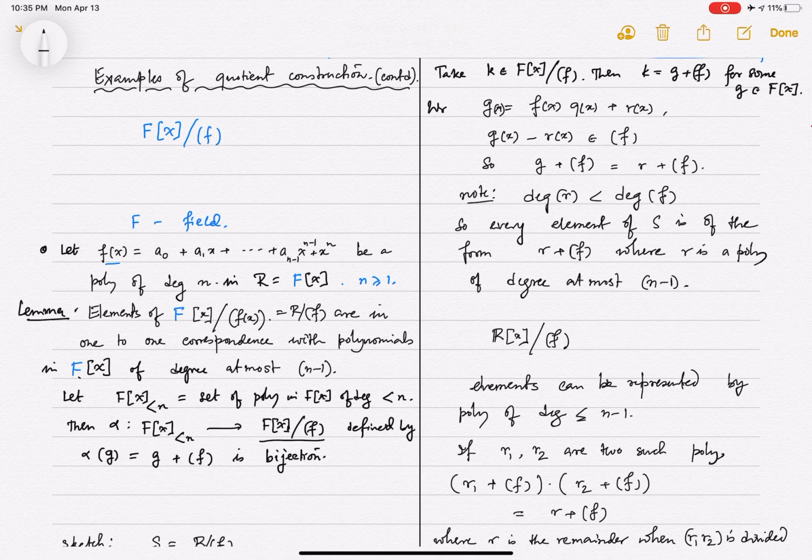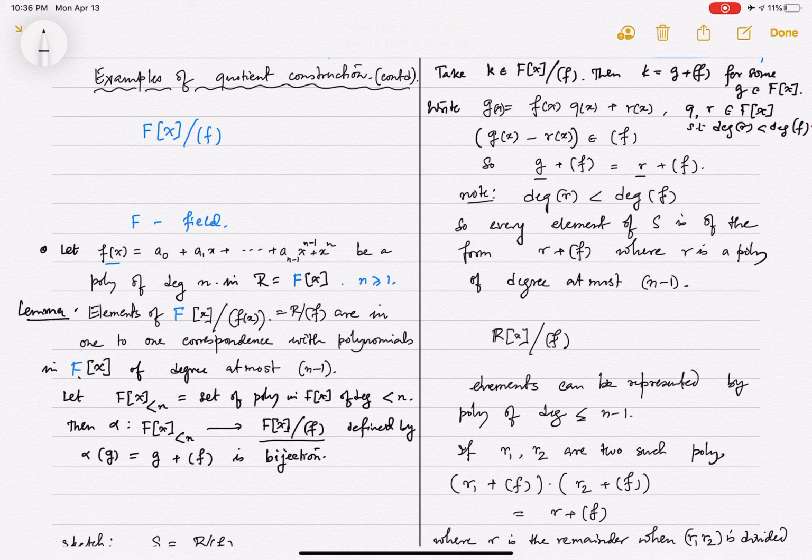So write g as f(x)q(x) plus r(x), where q, r are polynomials such that the degree of r is less than the degree of f. You can do that by division with remainder. And now notice that this difference is a multiple of f, so g and r live in the same coset.